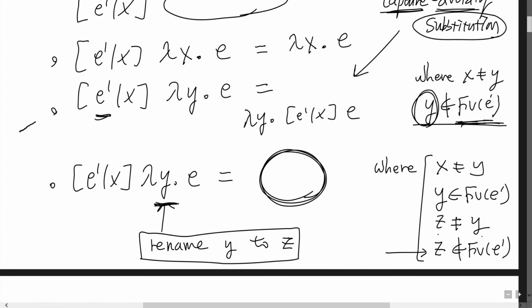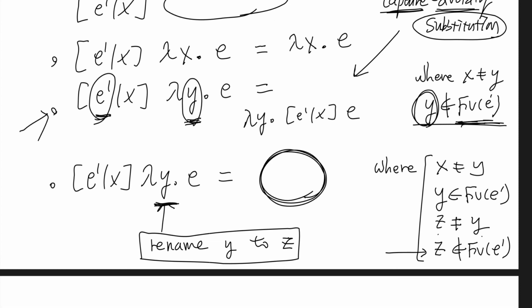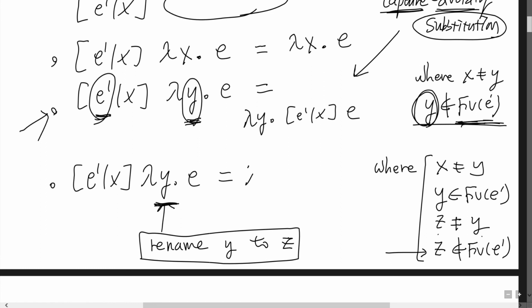So go back to the second case. Here we require that this variable y is not in the set of free variables of expression E prime. Similarly, in order to avoid the capture, this variable z should satisfy a similar requirement. So z should definitely not be in the set of free variables of expression E prime.